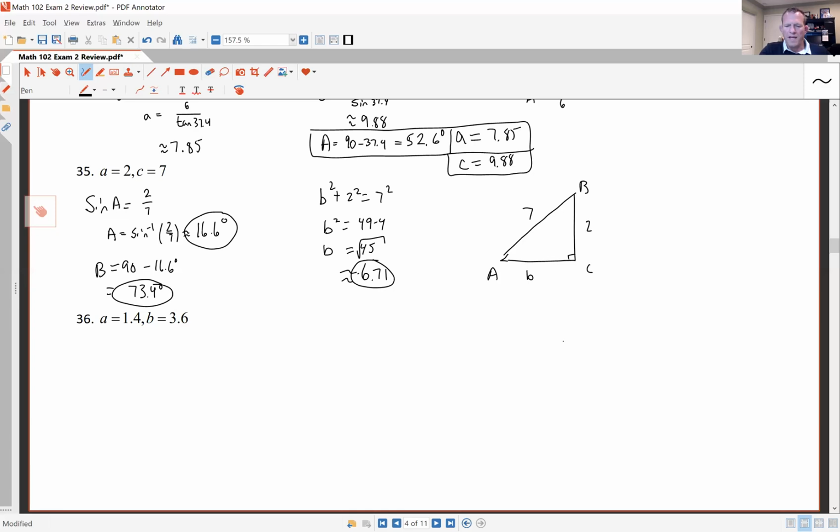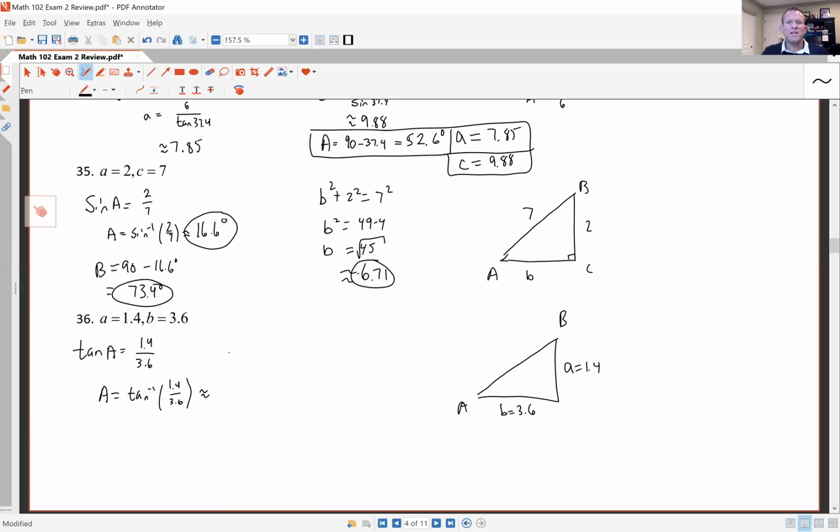And then if a is 1.4 and b is 3.6, this time relative to A, we've got opposite over adjacent. So the tangent of A is 1.4 over 3.6, making A equal to the inverse tangent of 1.4 over 3.6.